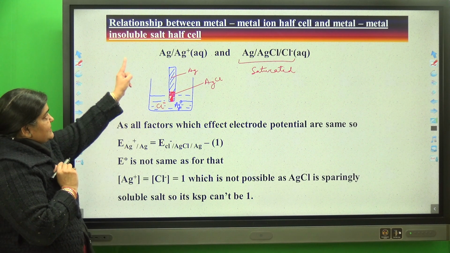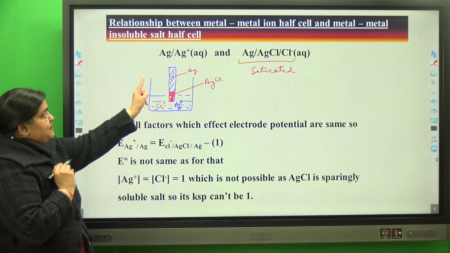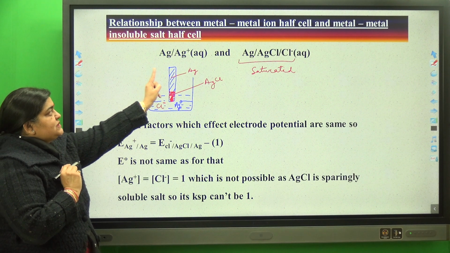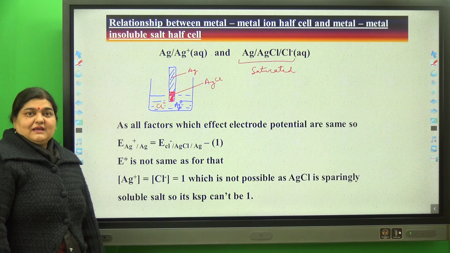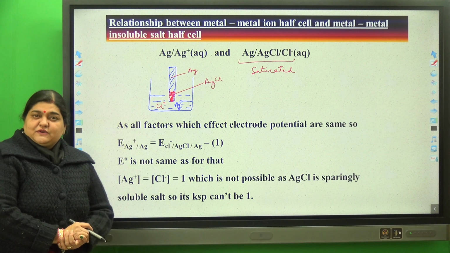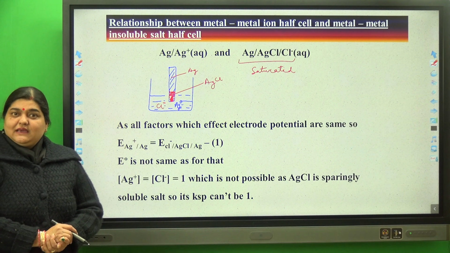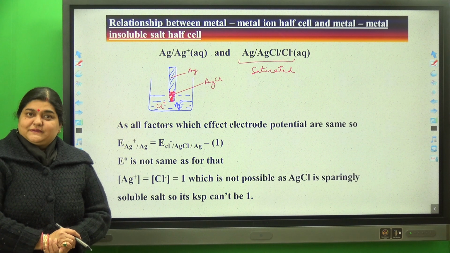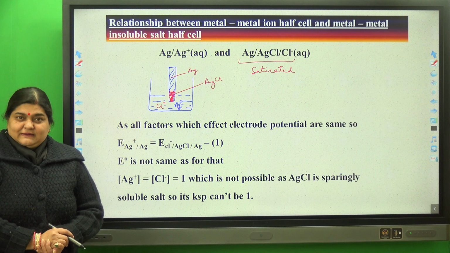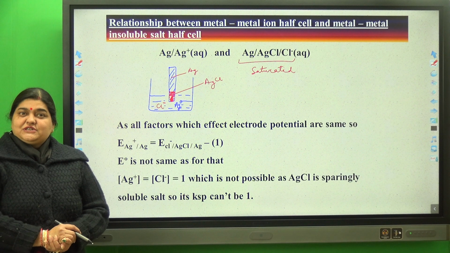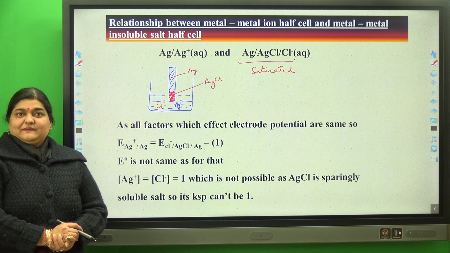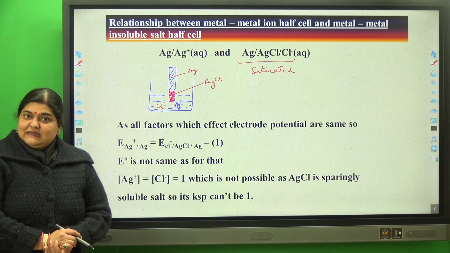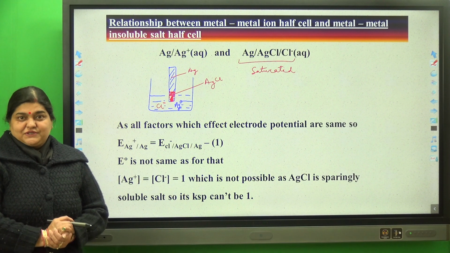As we are interested in finding the relationship of electrode potentials of these two half cells, there are two types of electrode potential. One is E and another is E naught. Now what are the factors which affect electrode potential? Temperature, nature of solvent, type of electrode and concentration of the solution.